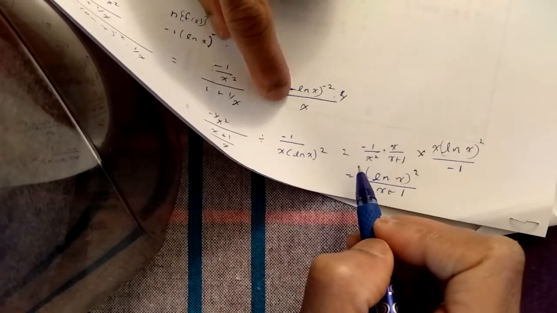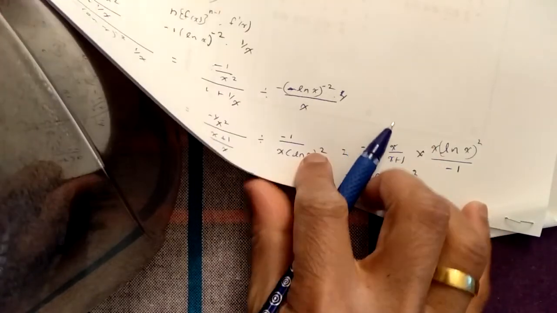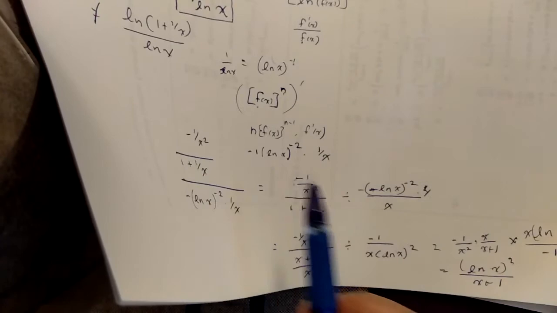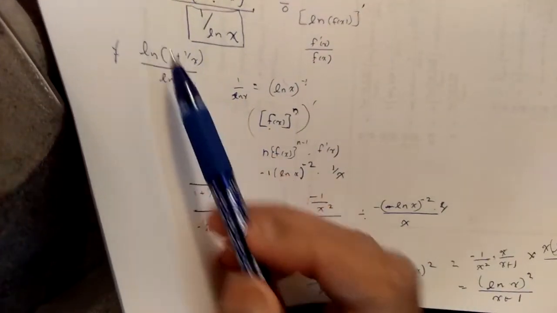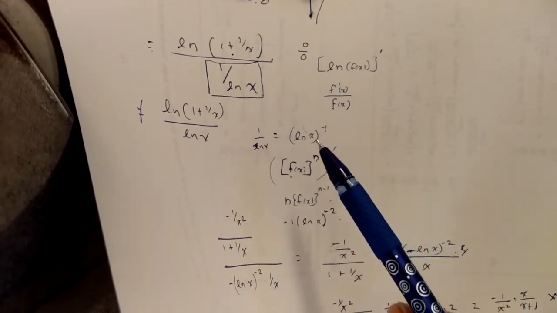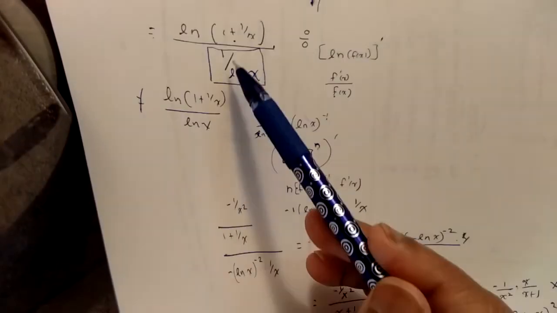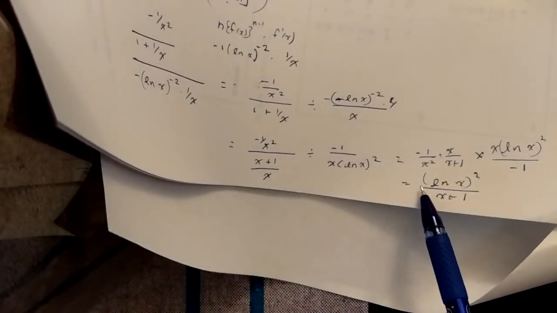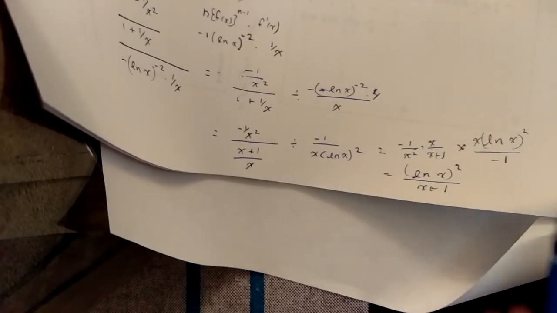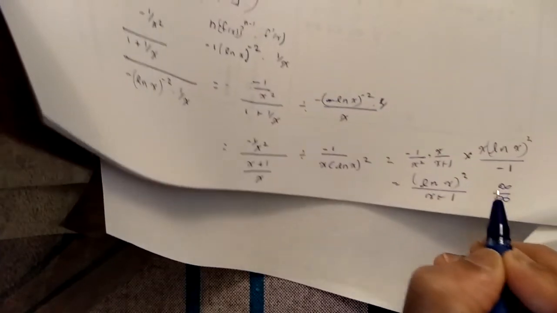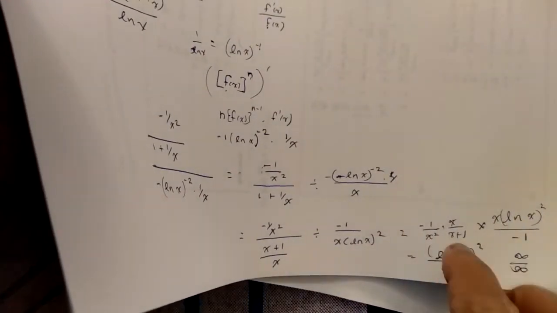But the thing is, now this is the first stage of L'Hopital's rule. This is the original problem, and we have applied L'Hopital's rule for the first time in this problem. Even for this stage, when you compute the limit, you will again get the infinity over infinity situation. That means we can reapply L'Hopital's rule to this first stage.